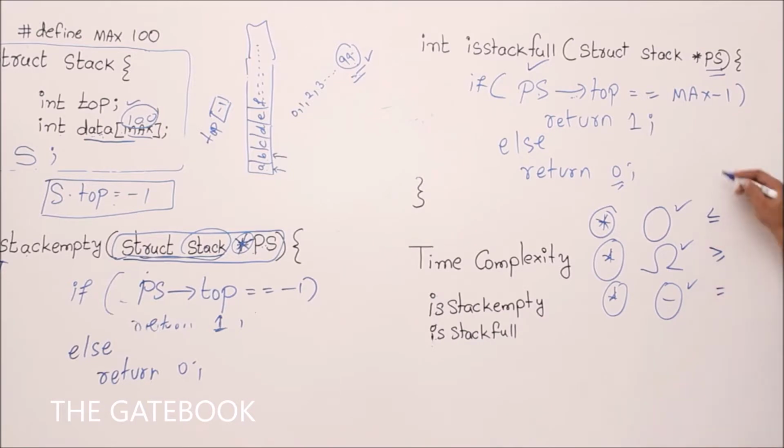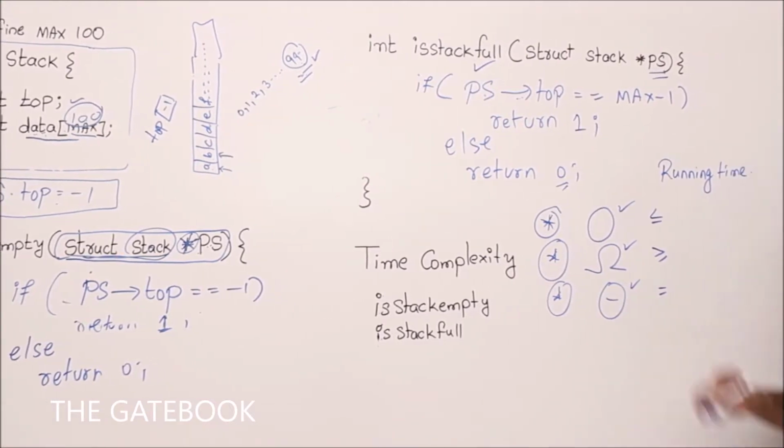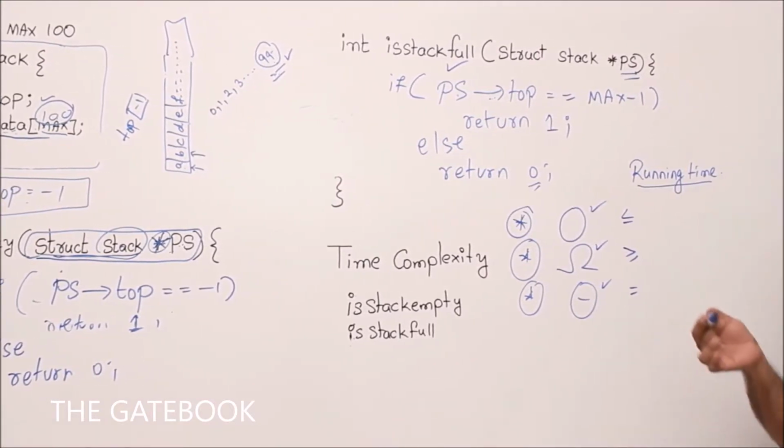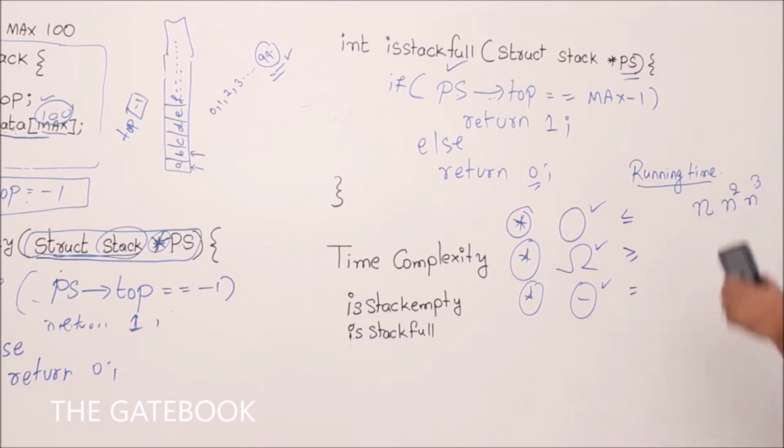Example, let's say you calculated the running time of the program already. If that program's running time is, let's say, n or n square, n cube, like this. Strictly it is n for any input, whatever input you take, it always gives you n. Otherwise 2n are always a class of n.